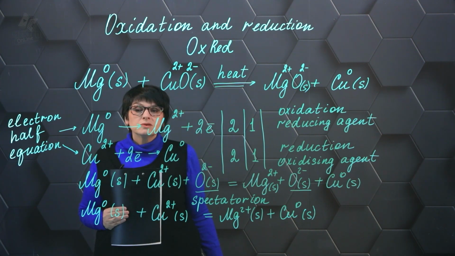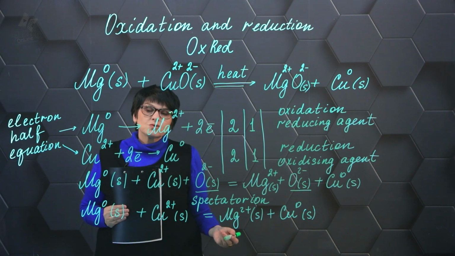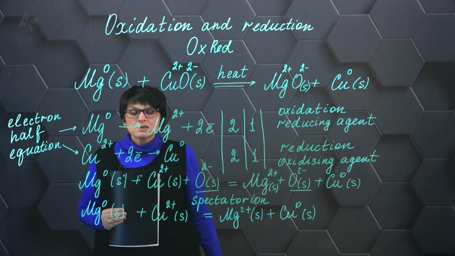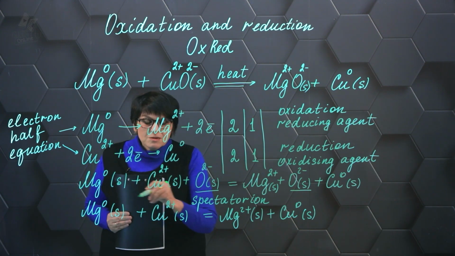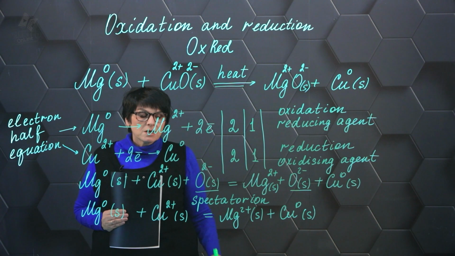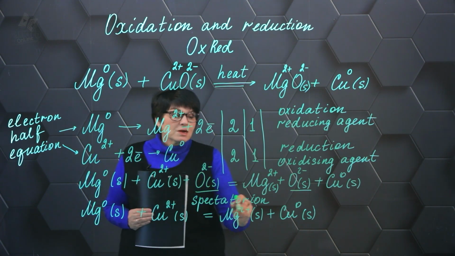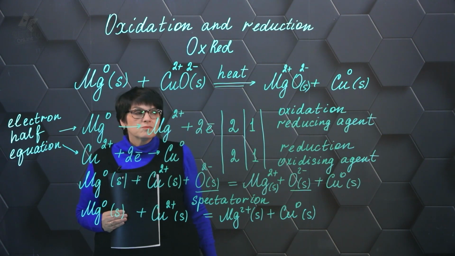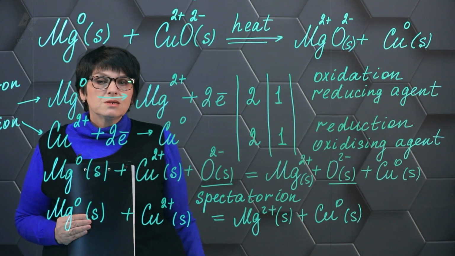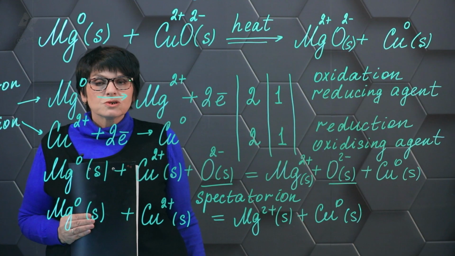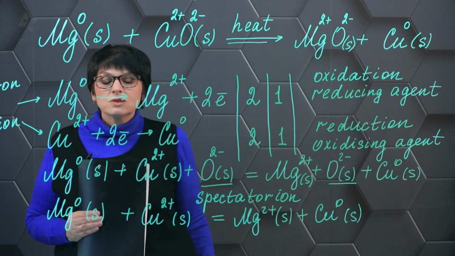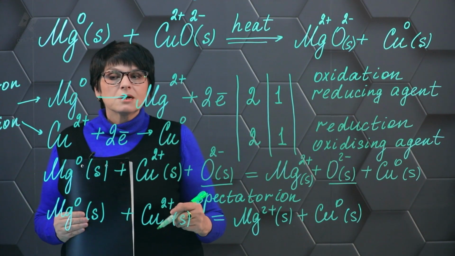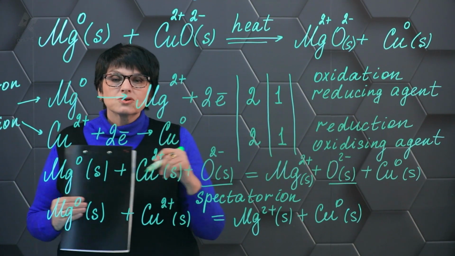Metals have the ability to be reducing agents in relation to metals that are weaker than them, and such a metal will certainly displace a weaker metal. And I draw your attention, the reverse process in this case would be absolutely impossible, because copper will never be able to displace magnesium back. This reaction will not be possible under any circumstances, because a stronger metal can displace a weaker one, but not vice versa.